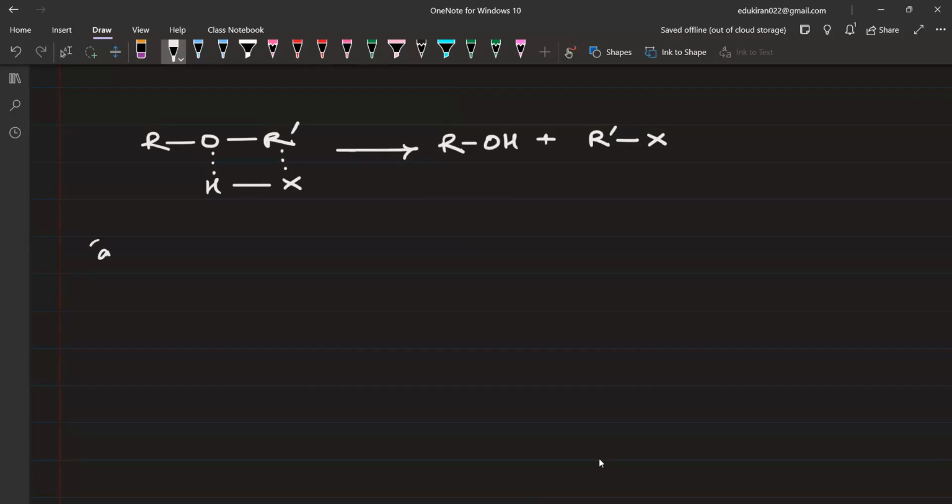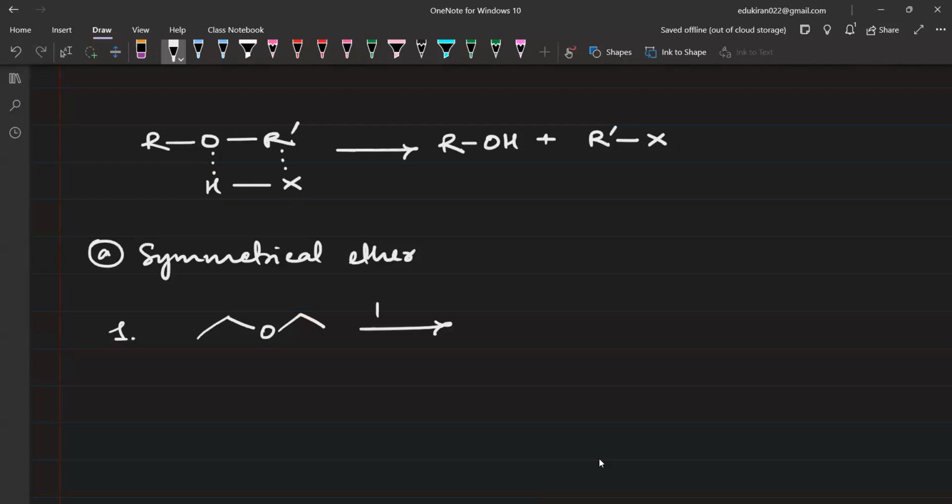जब व्हेन यू हैव सिमेट्रिकल ईथर में क्या होगा? फॉर एग्जांपल, if you have 2 carbon atoms and here also 2 carbon atoms and you are treating this with HBr, तो आपको मिलेगा OH plus 2 carbon atoms का haloalkane.